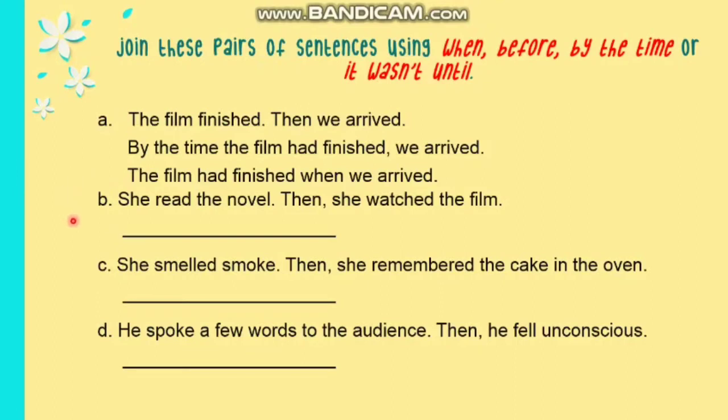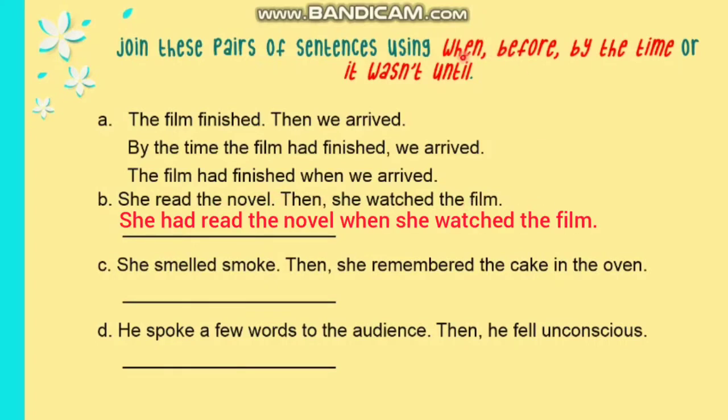And then let's see, yang B, she read the novel, then she watched the film. Okay, let's join. So, for example, berarti yang muncul pertama itu adalah yang she read the novel. So, it means that we are going to change it into past perfect. Menjadi, she had read the novel when she watched the film, misalnya, atau kalian bisa pakai when, before, by the time, atau nanti ya.